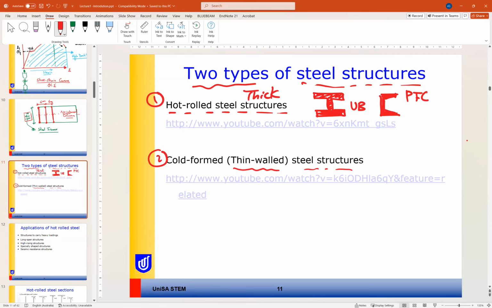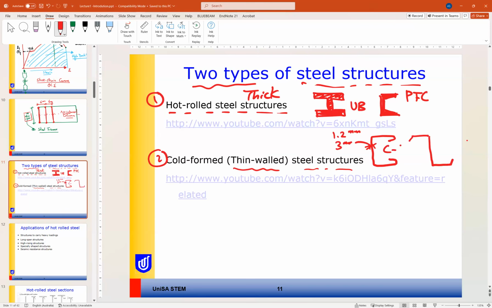So the main difference is the way of manufacturing both sections, and the way of manufacturing affects the thickness of the sections. The cold formed steel are very thin members, with thickness ranging between 1.2 to 3 millimeter. Okay, can be C section like this or Z section like this.